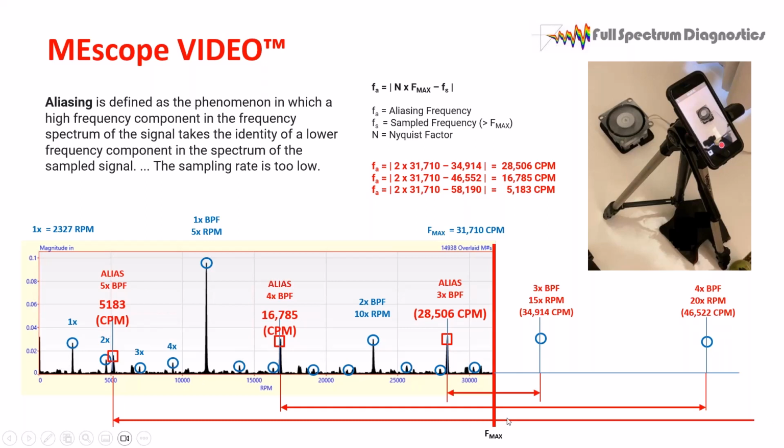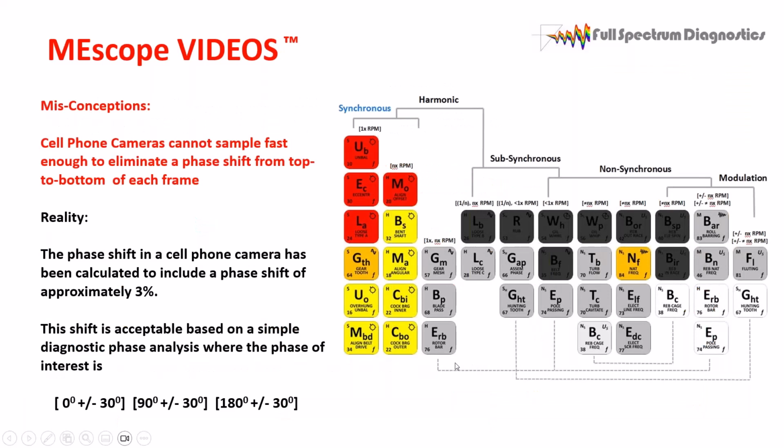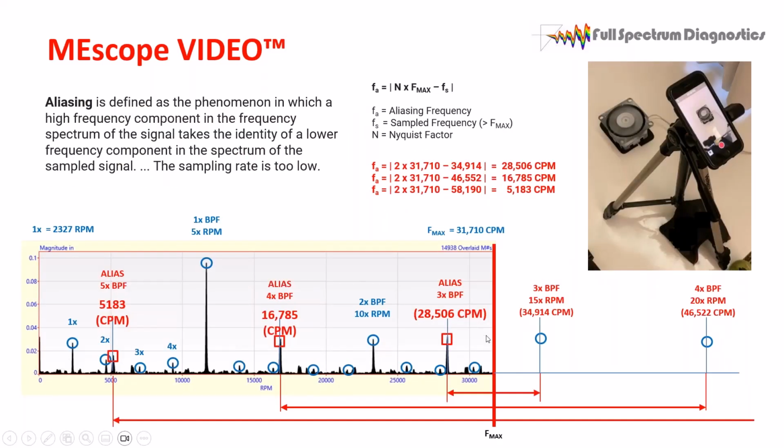We don't see it unless we fold back the Nyquist frequency. So the way this works, we have peaks that show up in our spectrum that we can't understand. If we put this formula together, we'll find out where the folding frequencies are and where those aliasing peaks are.